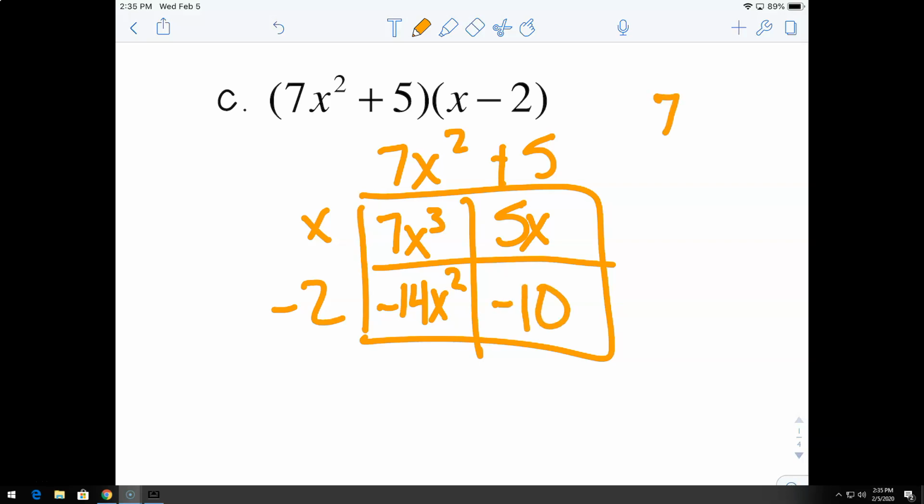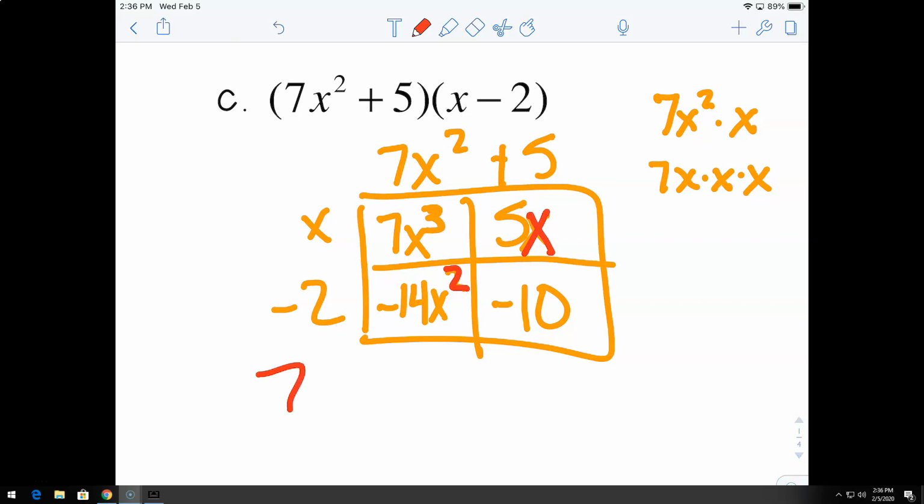Notice that 7x squared times x is like 7x times x times x, which turns into that x to the third. Now when I look right here, those are not like terms because this is an x and that has a squared. So this actually cannot happen. It's not allowed.